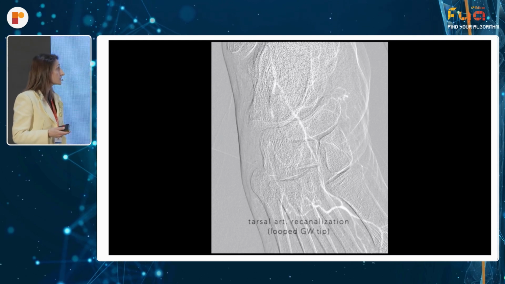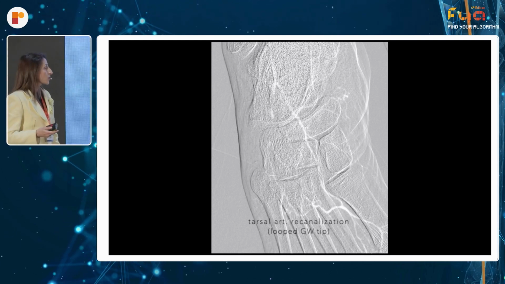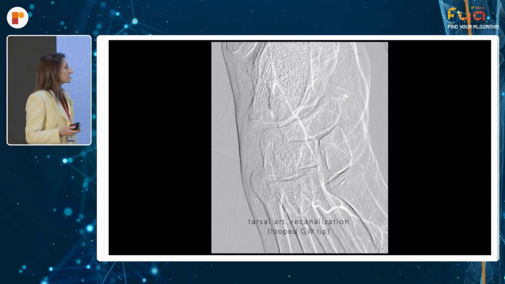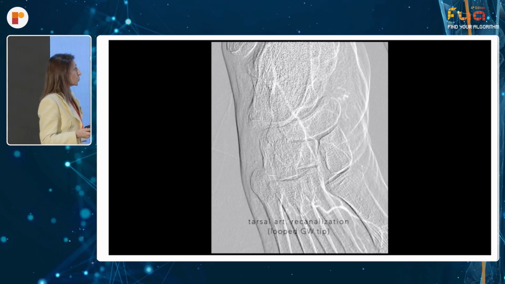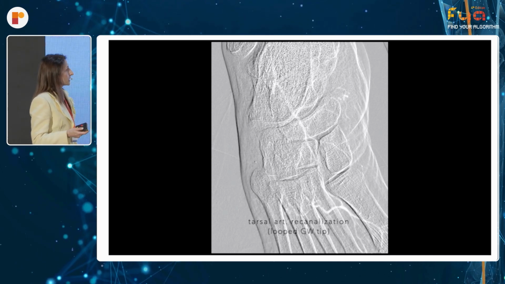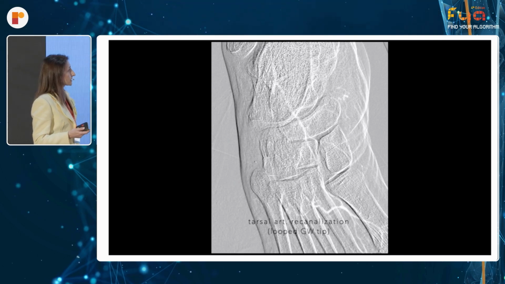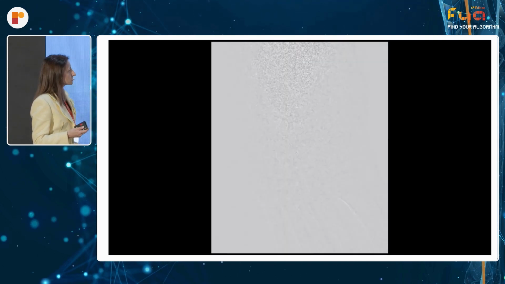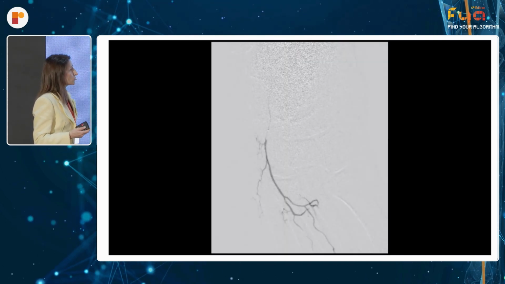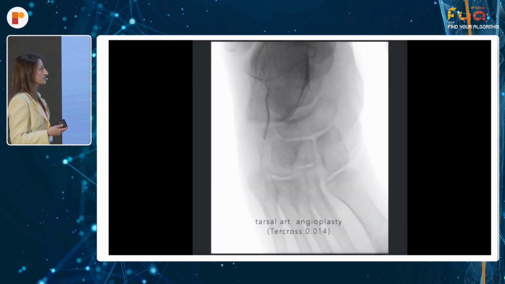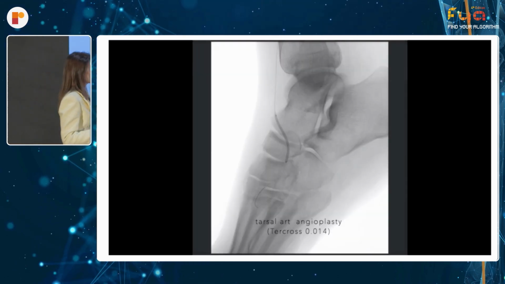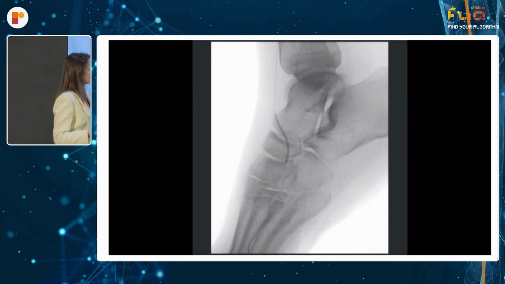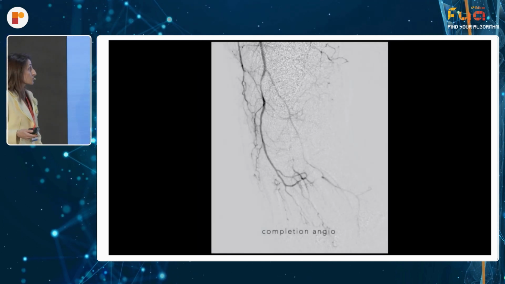As you can see here, we used a 014 Terumo Trackguide wire with this loop, and using a short Tear Cross balloon, we could re-enter there, and we decided to treat it with a 2x40 millimeter Tear Cross balloon, as you see in AP view and lateral view. And this was the completion angio.